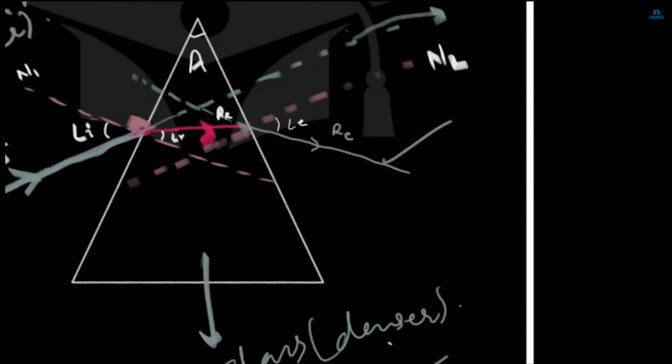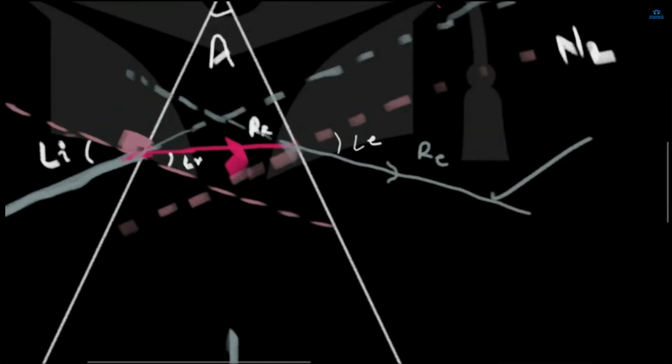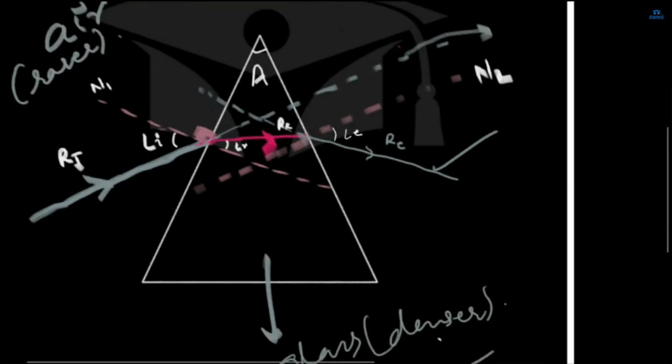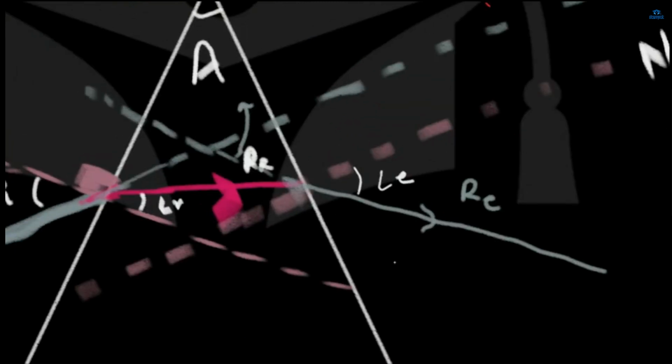So we'll extend it, and we'll get an angle between the incident ray and the emergent ray, which will be called, let me call it del. Angle of deviation, del. Either you can write del or you can write capital D. Okay. This del is very important.